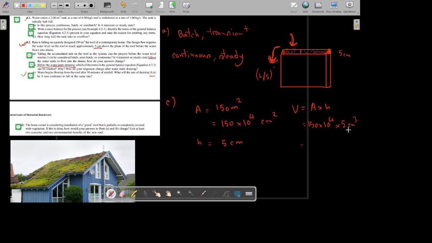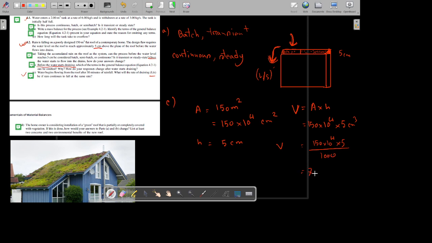If I want to convert it to liter, listen, the volume is in centimeter cube. If I want to convert it into liter, we have to divide it by 1000. So if I want to find out the volume in liter, we have to divide this equation by 1000.